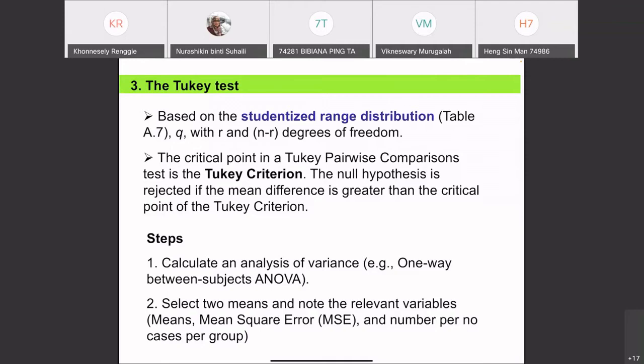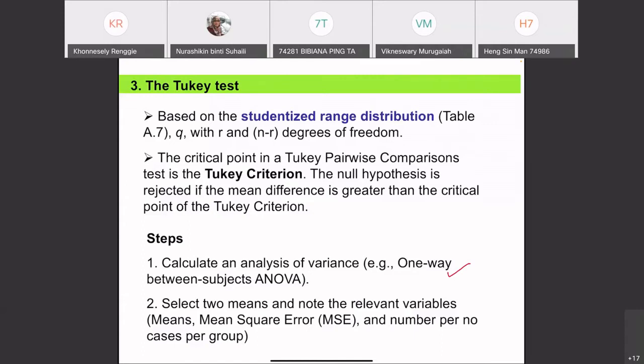So Tukey test and Bonferonni are performed if your decision is to accept the alternative hypothesis, right? So it means that it is a continuation. You do the Tukey test after you do the ANOVA test. This is what is meant by the first step here for the Tukey test.